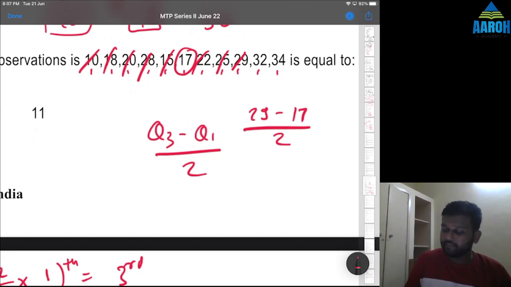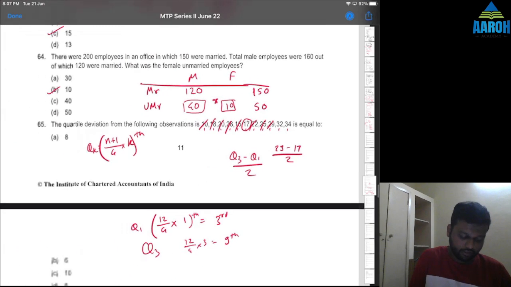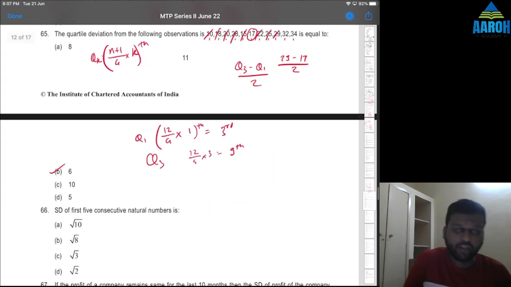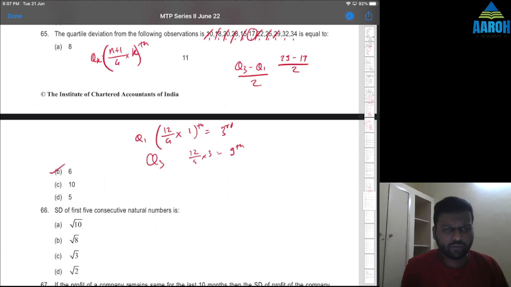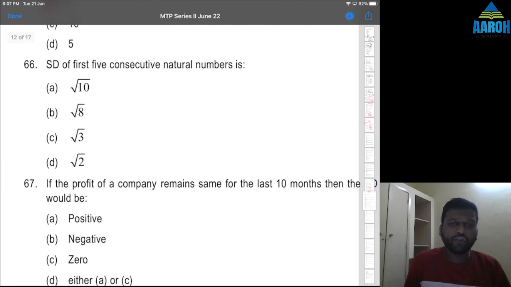So 29 minus 17 by 2, which is 12 by 2, which is 6. 6 is the correct answer for this question number 65. Simple question, just don't miss a few points like arranging them in ascending order and the basic formula of Q3 and Q1. 66. SD of first 5 consecutive natural numbers you should know.